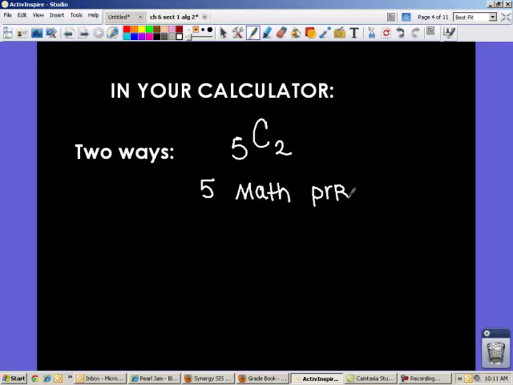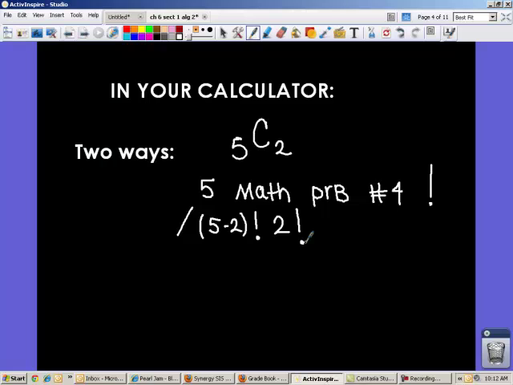You scroll over to probability, and go down to number 4, and that gives you the exclamation point. Then division, and then 5 minus 2 in parentheses. Again, go to math, probability, number 4 to get another one of these symbols. Then punch in 2, and get another one of those symbols by hitting math, probability, number 4.